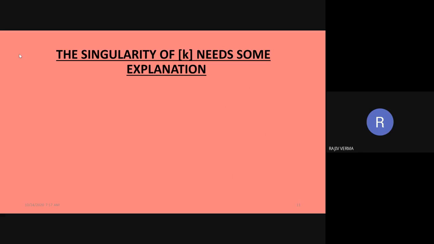The singularity of K needs some explanation. A singular matrix K represents a rigid body motion. As we have seen earlier, the motion of a ball when it is thrown from one point to another represents a rigid body motion. A rigid body motion might be undergoing some translation, it might be undergoing some rotation also, and it is possible that both these motions are present simultaneously.